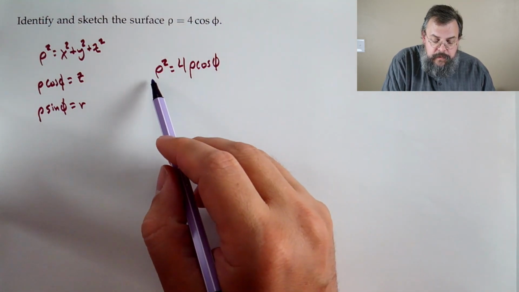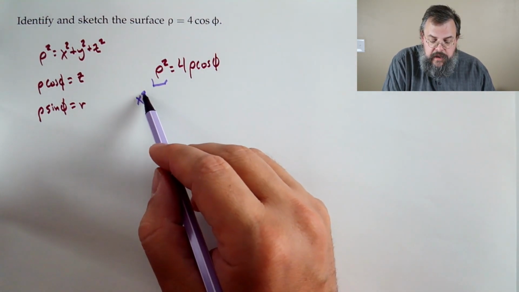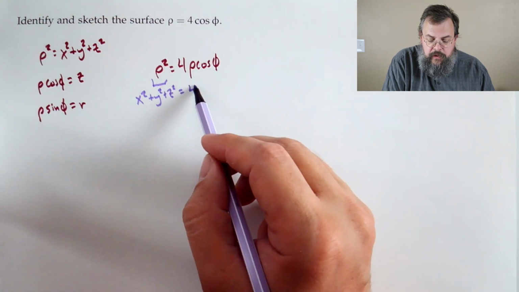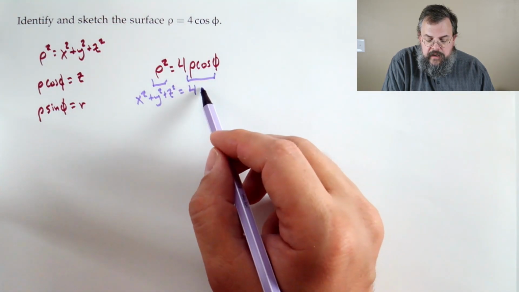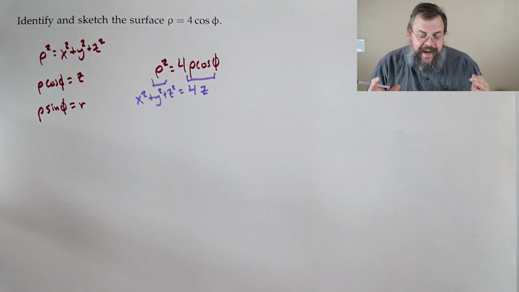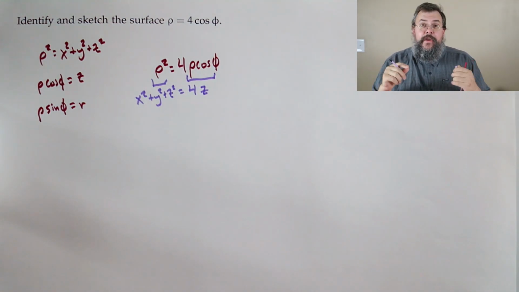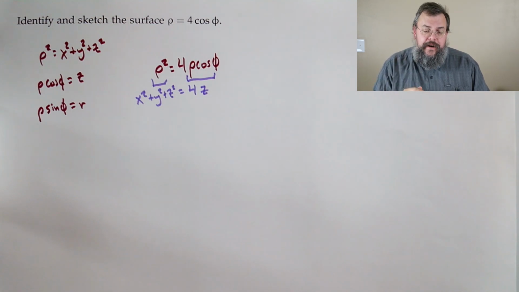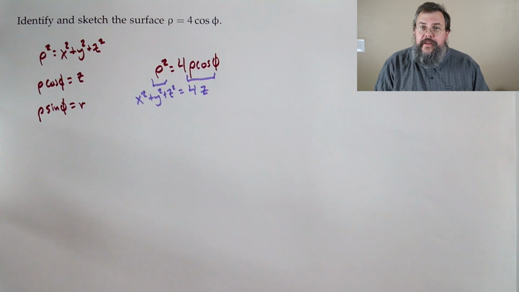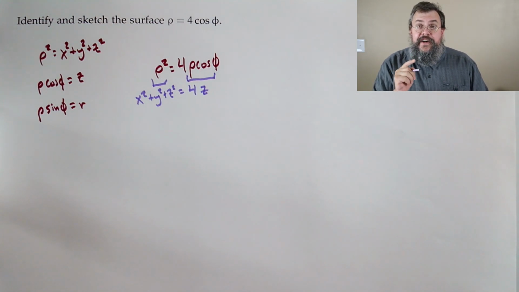So this will become x squared plus y squared plus z squared is equal to 4z, and rho cosine phi becomes z. Aha! Now we're feeling good. In fact, we can even start to identify what we have. Do you see what it is? There's an x squared, y squared, and z squared all there. That means sphere. This is a sphere of some sort.